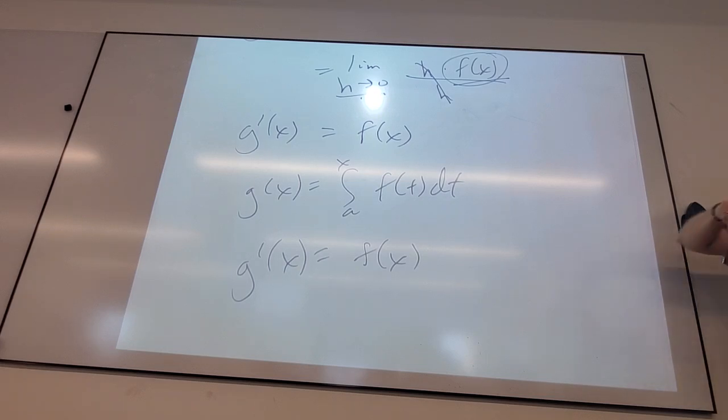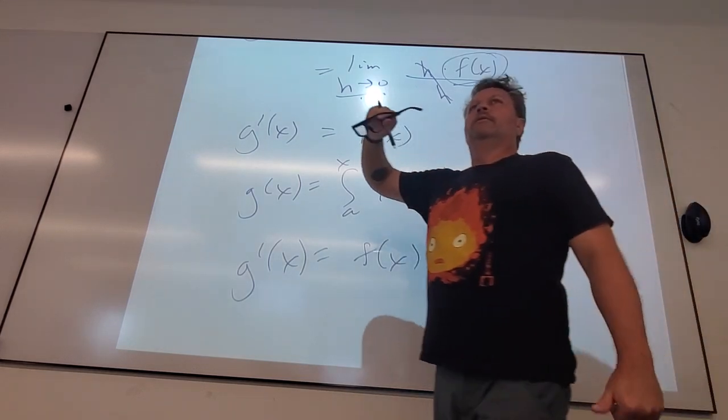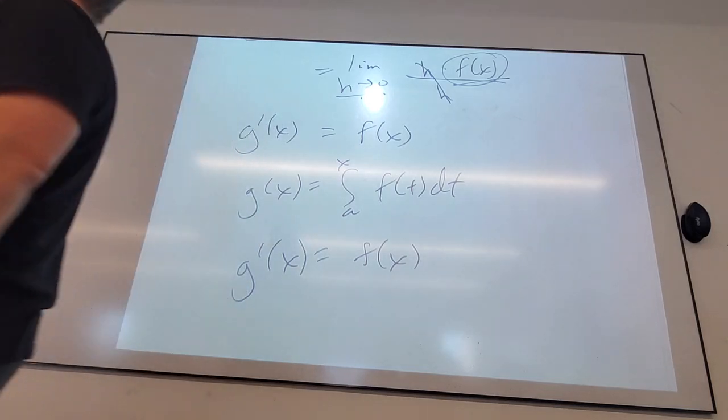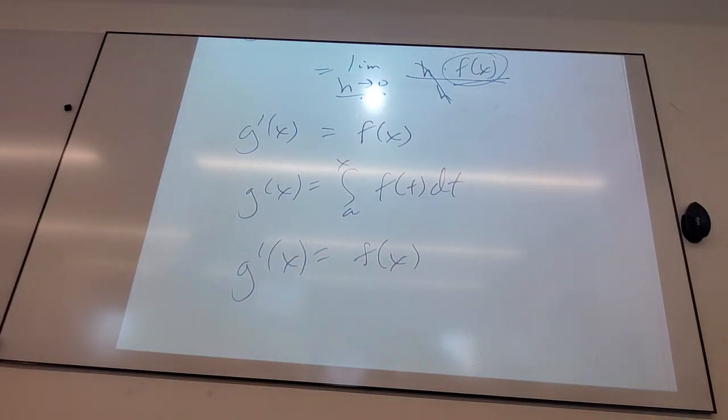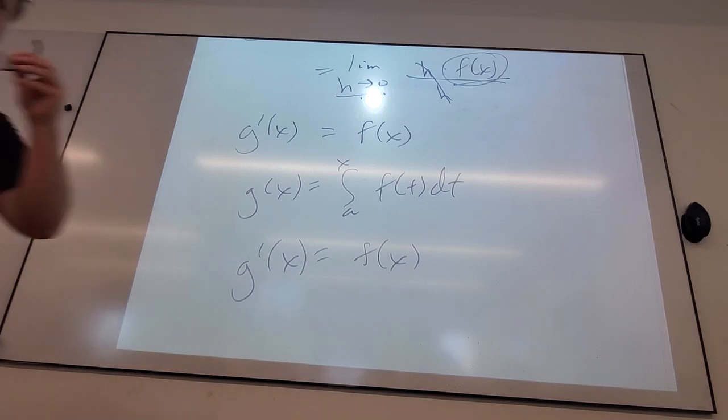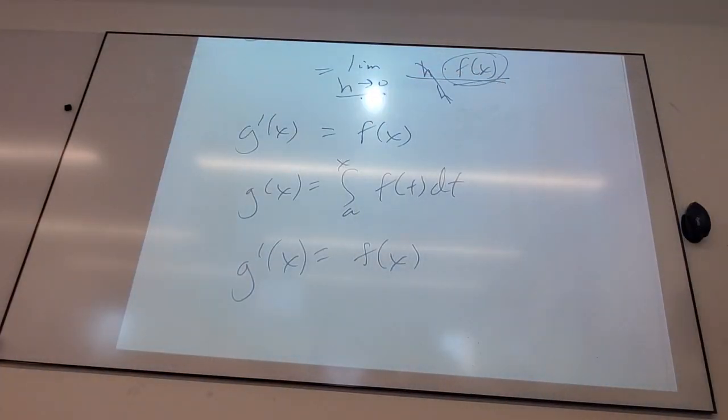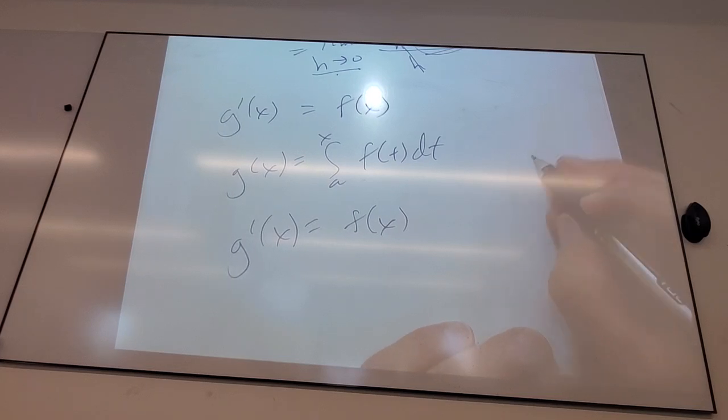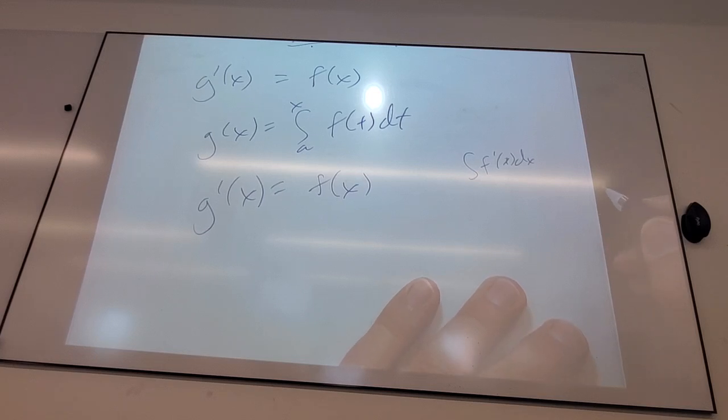We have connected, let me see if you guys can see this. Let me see if I can get you there. What's the integral of the derivative of f? What do you guys think?